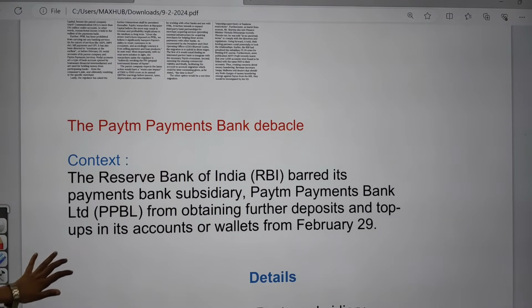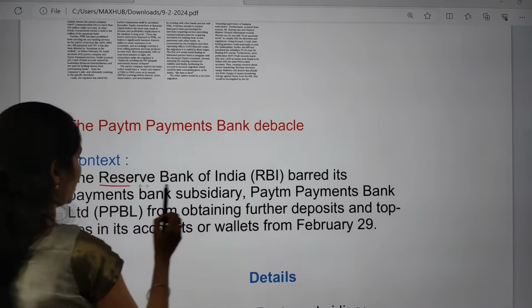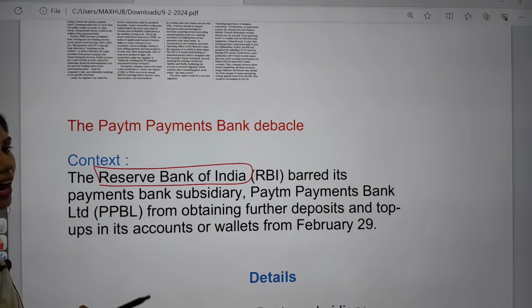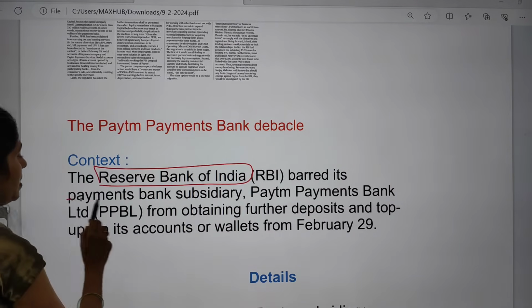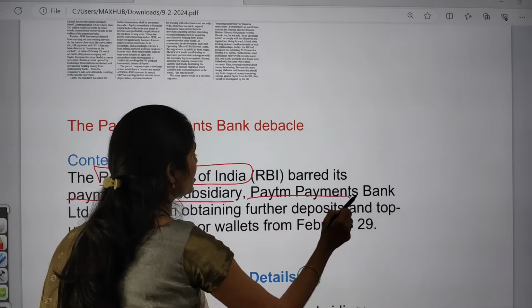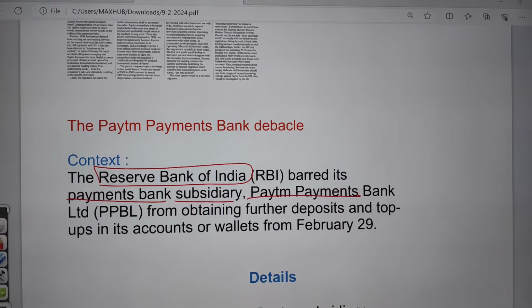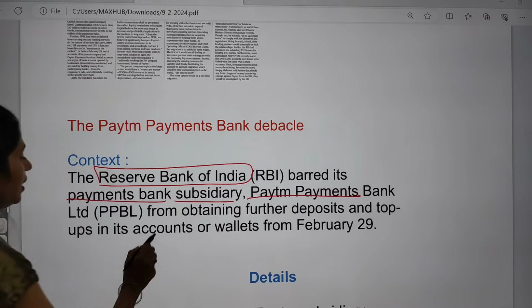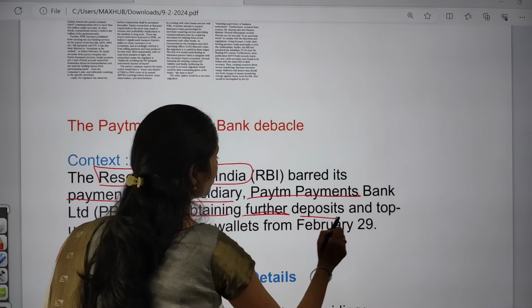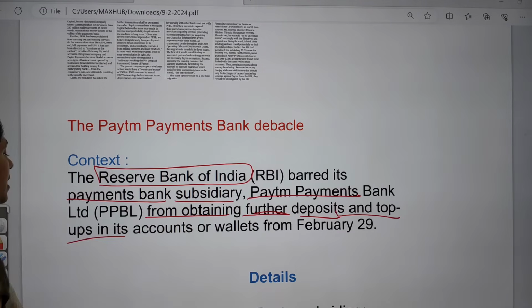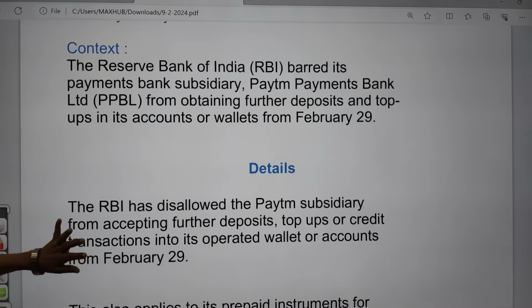Context says that as of now, the RBI, Reserve Bank of India, barred, means stopped, its payments bank subsidiary, that is Paytm Payments Bank Limited, from accepting further deposits and top ups in its accounts or wallets. So because of this, RBI barred its movements from this bank.